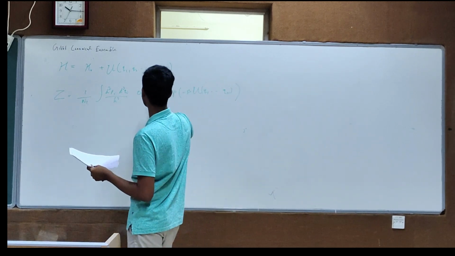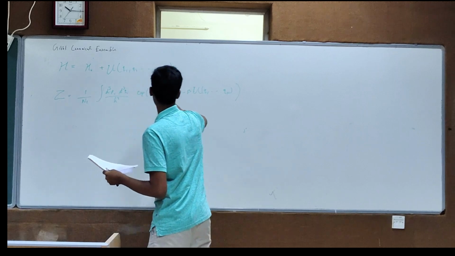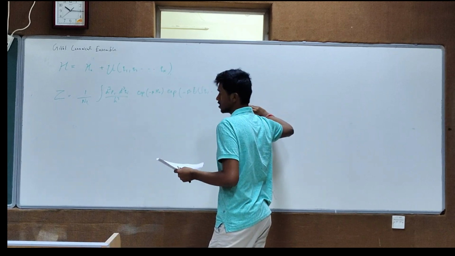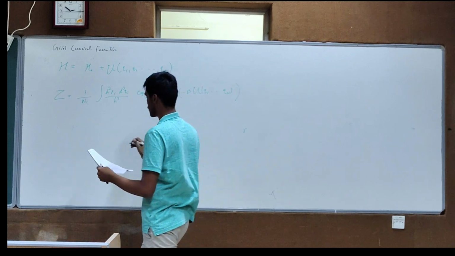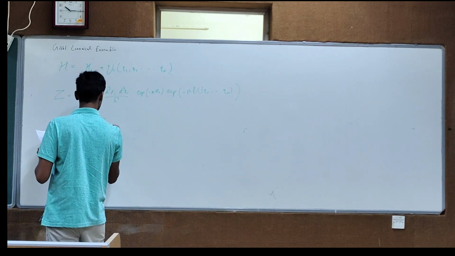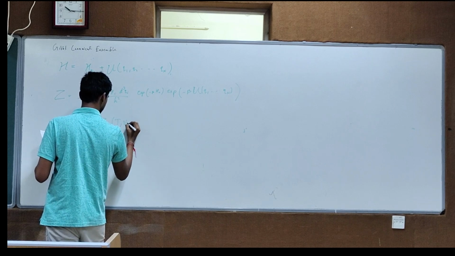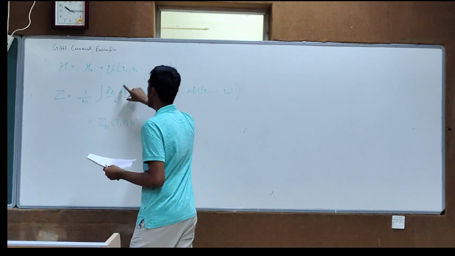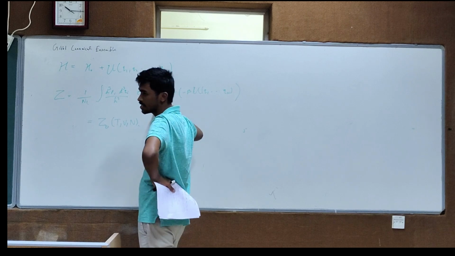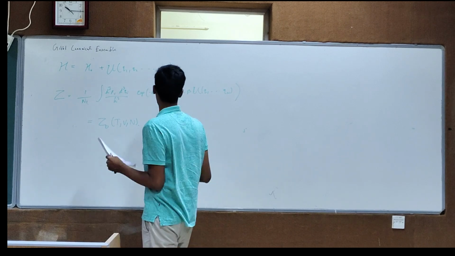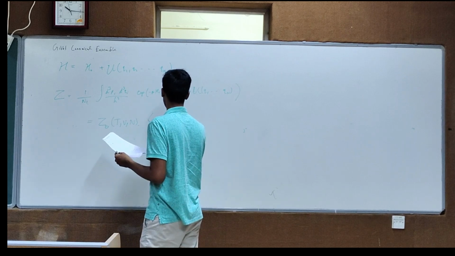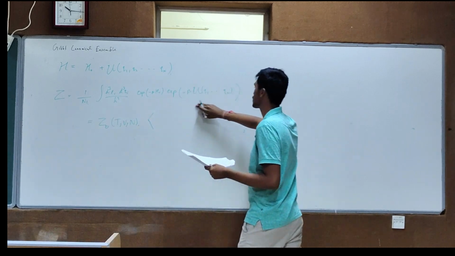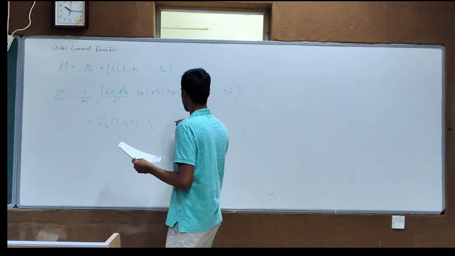So if you see this, this is basically an average. This is the partition function with this H naught Hamiltonian, multiplied by the expectation value of this exponential quantity.